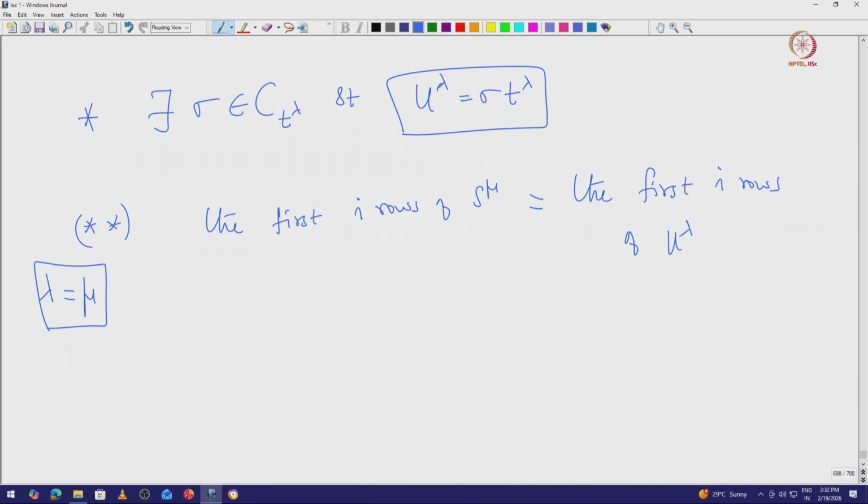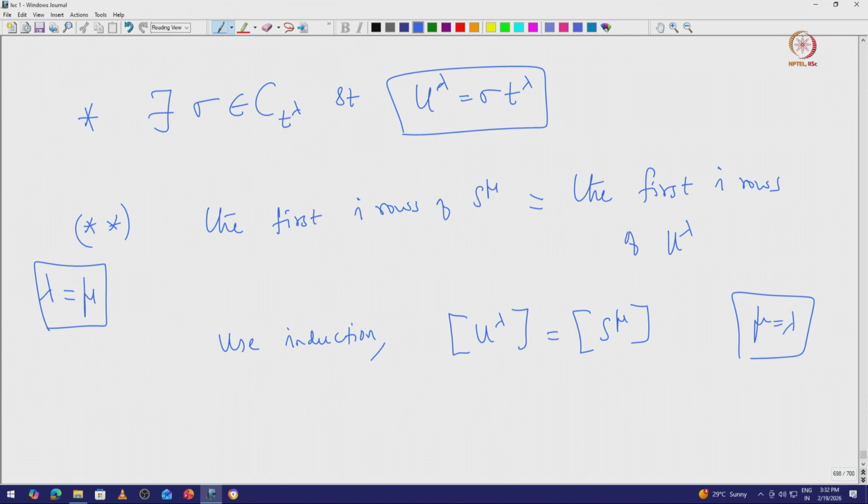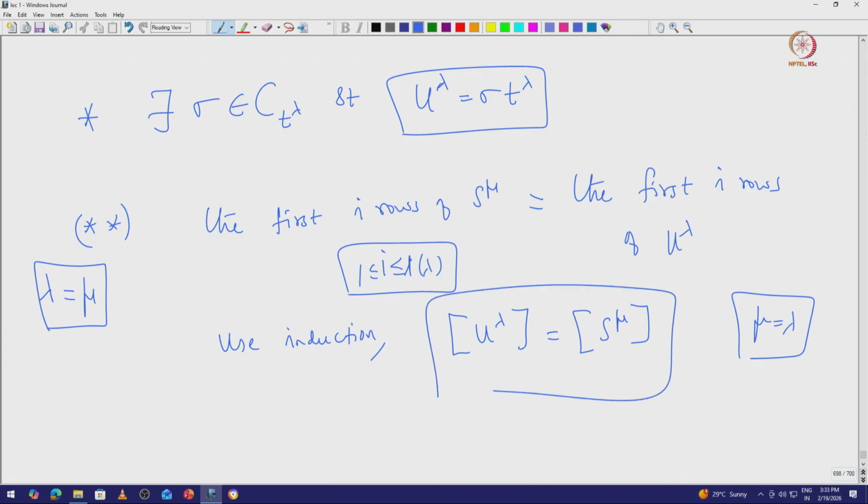So, now by induction, we prove that the tabloid u lambda should be the same as the tabloid S mu, where mu equals lambda, that is the important thing. This is just a simple induction that will tell you that since the first I rows of S mu are the same as the first I rows of u lambda for all I from 1 to the length of lambda, the tabloids are the same.